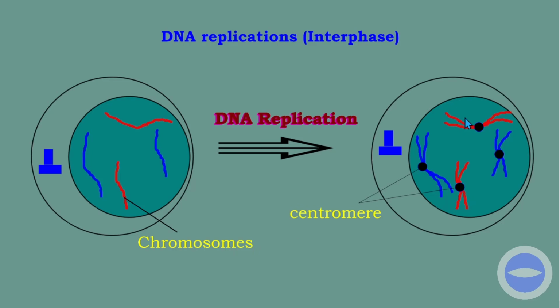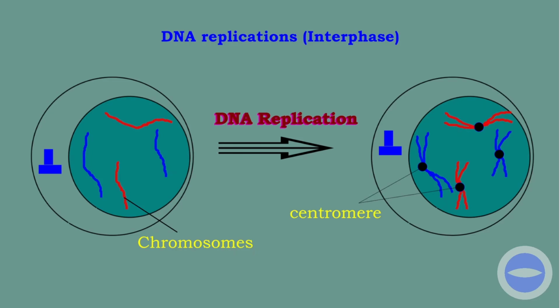So these two are sister chromatids. They have the same DNA, they are equal in size, everything is the same with these sister chromatids. So they are the result of DNA replication. So it was one, now we have double, and it takes place during interphase.